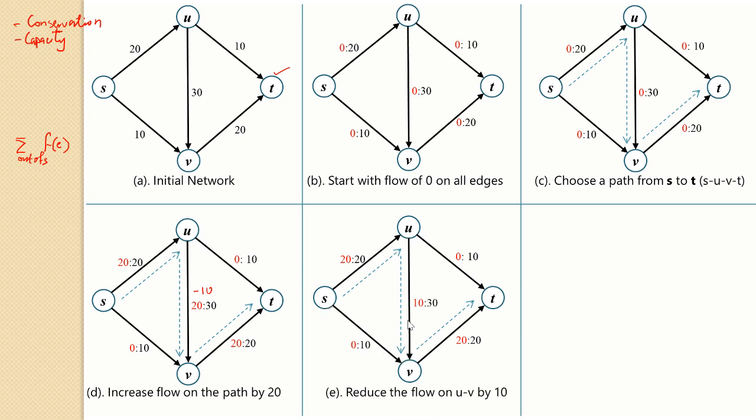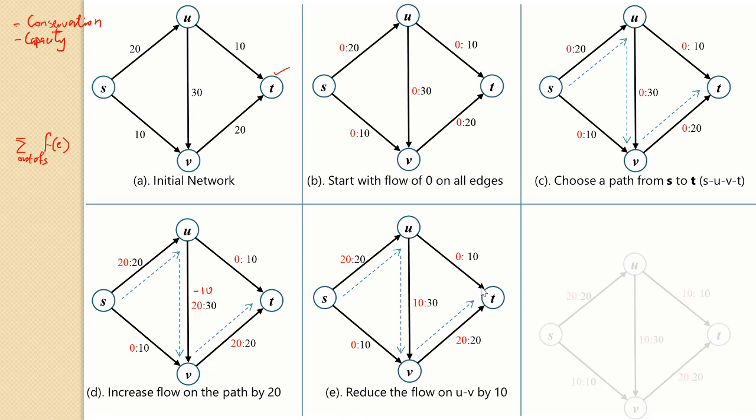Because now V is having a shortage of 10 units, because we have 10 going in, 20 going out. So we need 10 to come in to complete it, and in UT we need 10 more to complete as well.